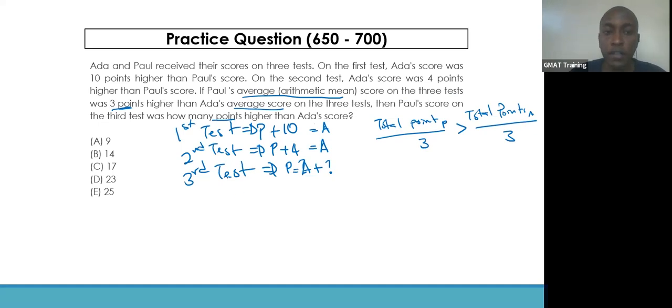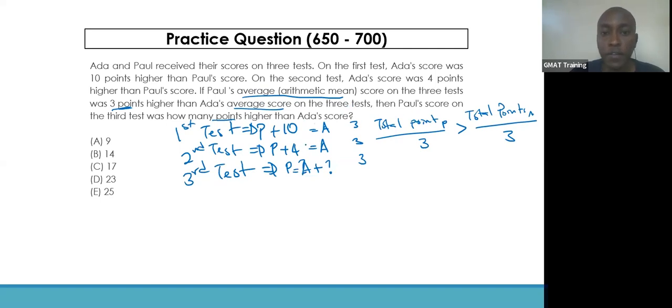So if Paul's average was 3 points higher, that means from evaluating total points, Paul's total divided by 3 should be greater than Ada's total divided by 3 by 3 points, so the totals differ by 9 points. What do you mean by that? If the average differs by 3 points for each of the 3 tests, that means Ada's average on the 3 tests was 3 points less than Paul's average.